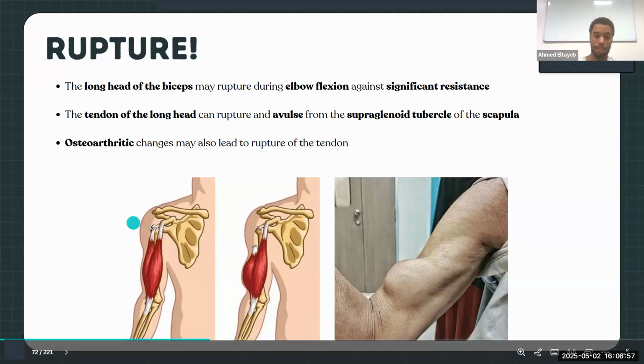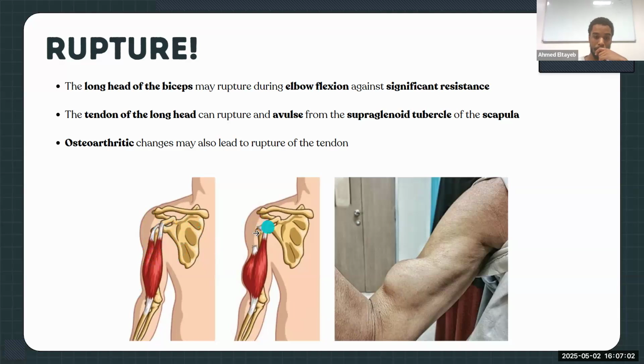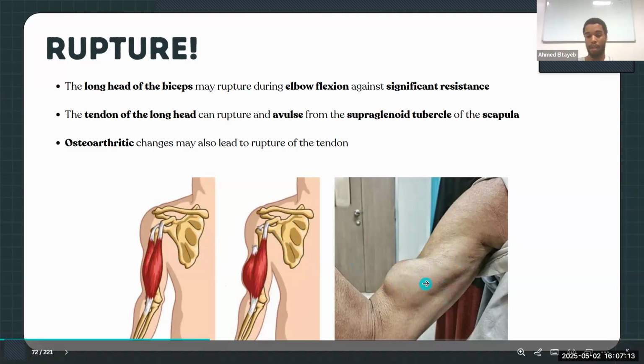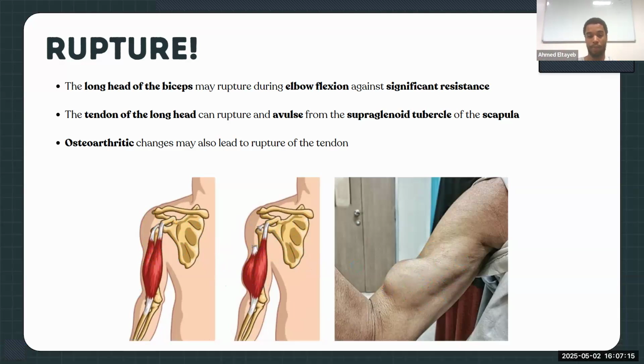So what you would see, you can see here, it's demonstrated nicely. The proximal part of the long head of the biceps is ruptured, and it kind of slings down, right? So clinically, the patient would present with a bump like this. Their bump would be very distal to their shoulder. So one cause of rupture of biceps tendon is exerting yourself against a significant resistance. And another cause is osteoarthritic changes.